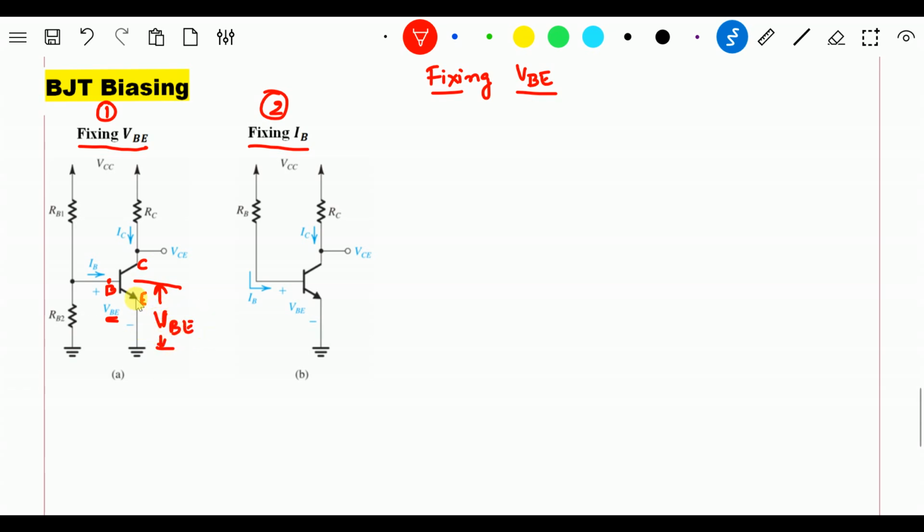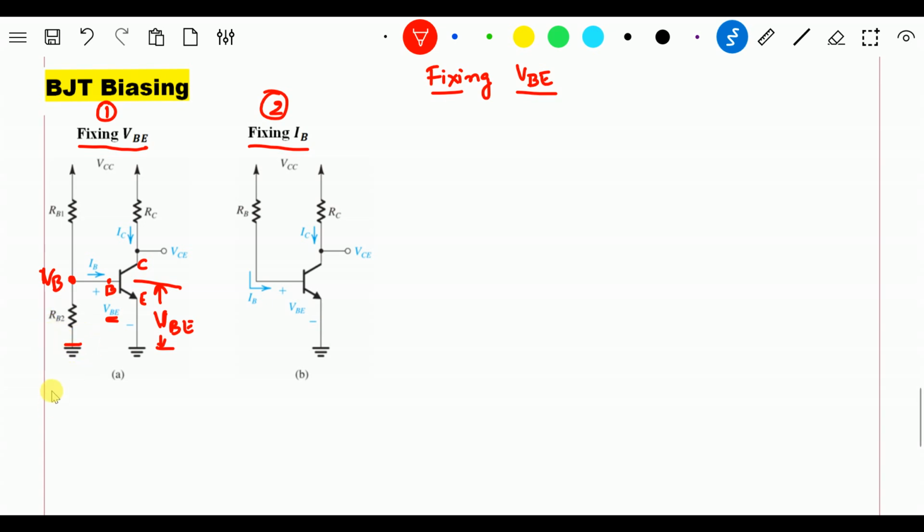and as we don't have any resistor connected to the emitter here, here this is the base voltage at the base terminal. This is base emitter voltage between base and emitter. Now when I say base voltage, it is voltage from the base terminal to ground.